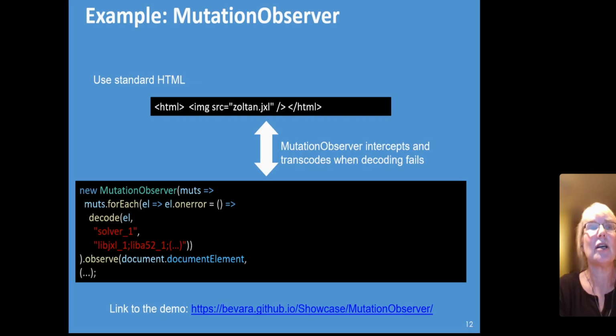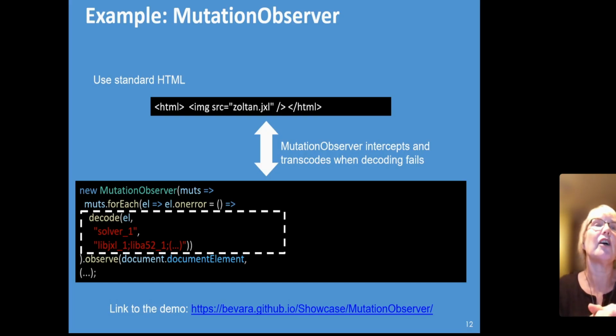So in this case, the MutationObserver on a decoding failure would divert to a decode function, which then has to contain the main module solver and an entire set of side modules. So obviously, this approach requires a decode wrapper that can actually be complex because it has to handle a vast variety of multimedia that might be used in any particular site.